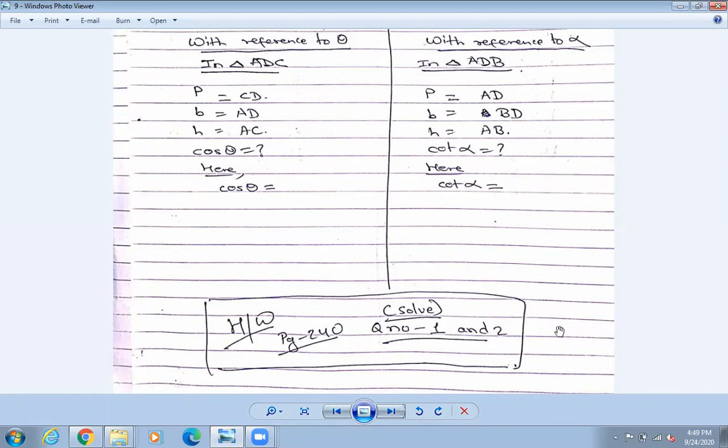In number 2, A, B, C, D and so on are there, but just do number 1 and 2. 1A I have done, so 1B you need to do. Number 2 goes up to H, that means 8 questions. Out of 8, I have already done 3, so 5 questions are left. Please do that as homework.